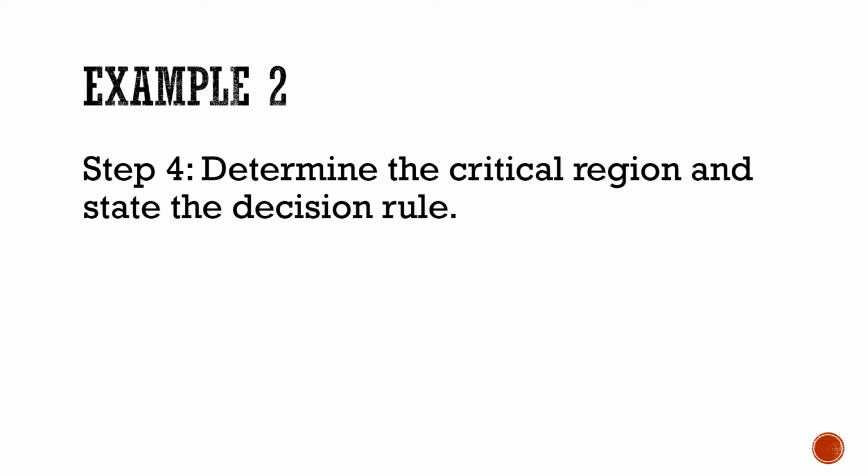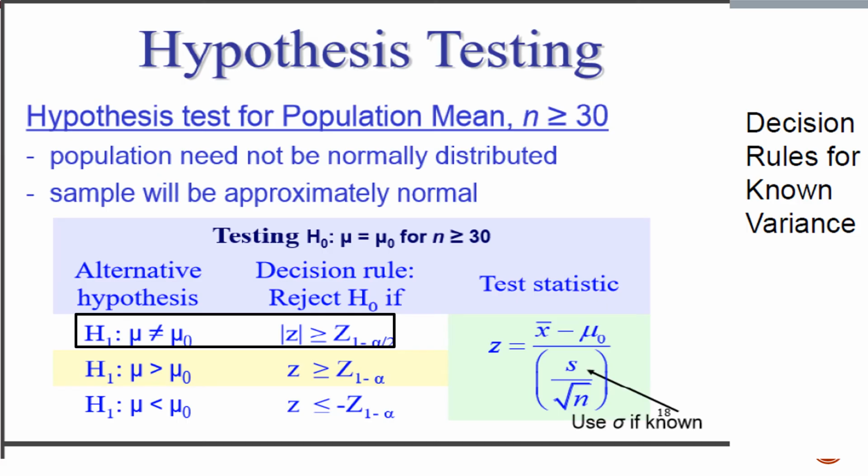Step 4 is to determine the critical region and state the decision rule. Let us recall this portion.